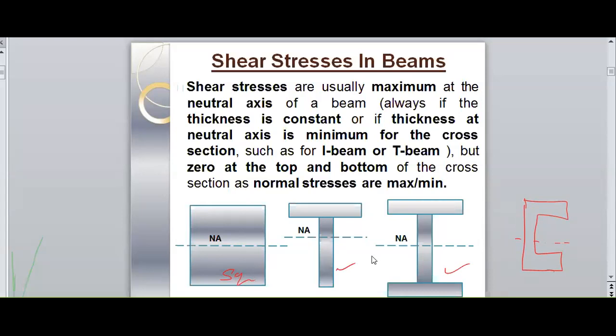Here we will have a neutral axis and a neutral layer. At the neutral layer, we will have maximum shear stress.